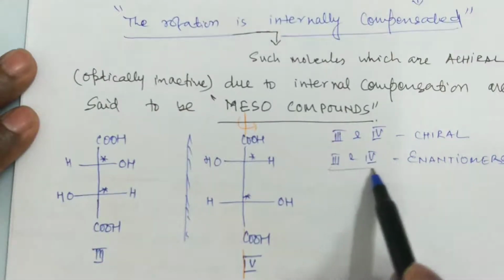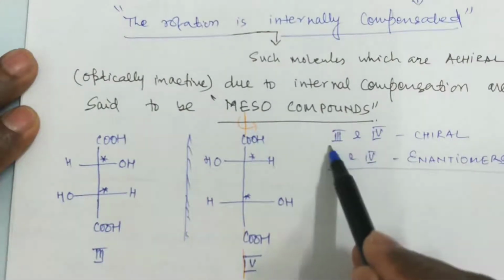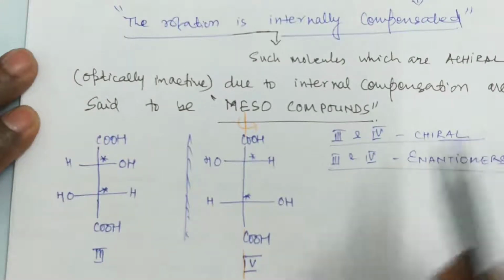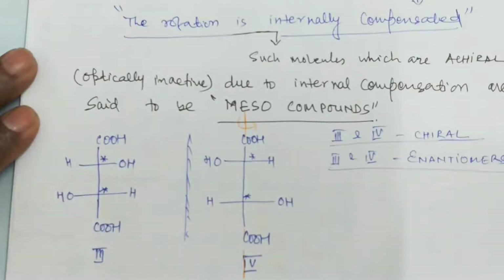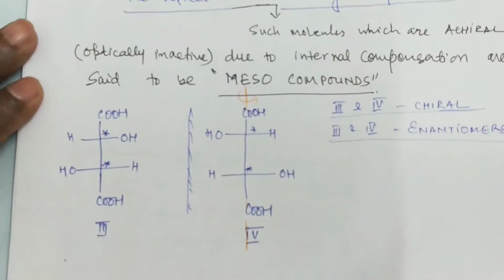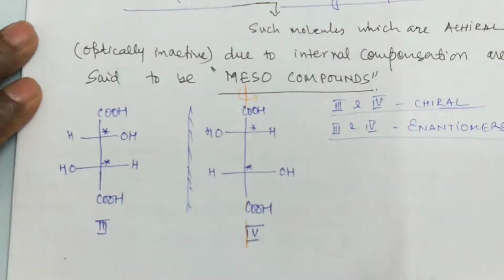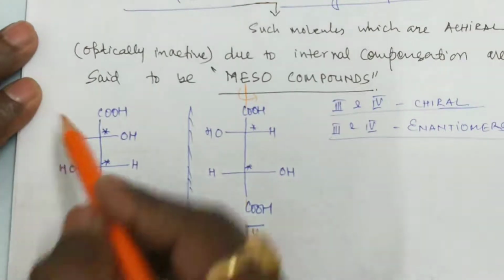So there are two kinds of relations, between 3 and 4 here. Both are chiral and both are different molecules, both have different behavior towards plane polarized light. Suppose that we are considering the rotation from H to OH.